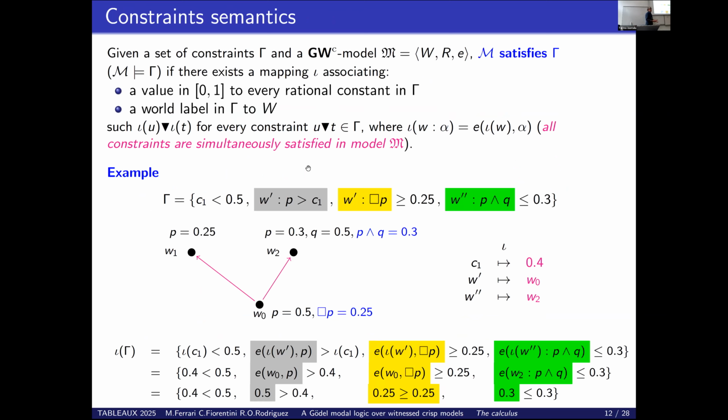Given a set of constraints, we say that the set is satisfiable if we can find a model where we can assign to every label in the set of constraints a world of the model and every constant a rational value in such a way that the resulting substitutions are valid constraints.